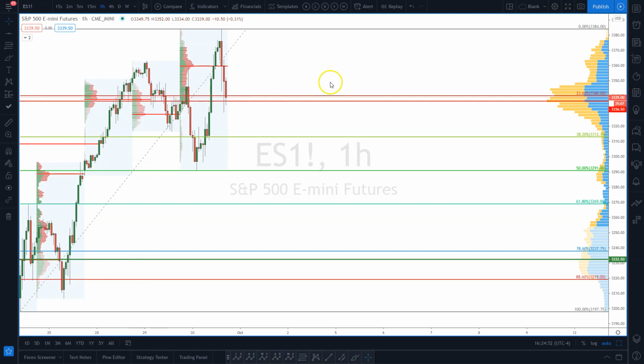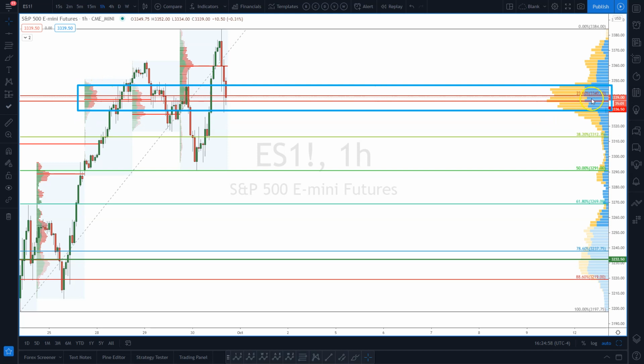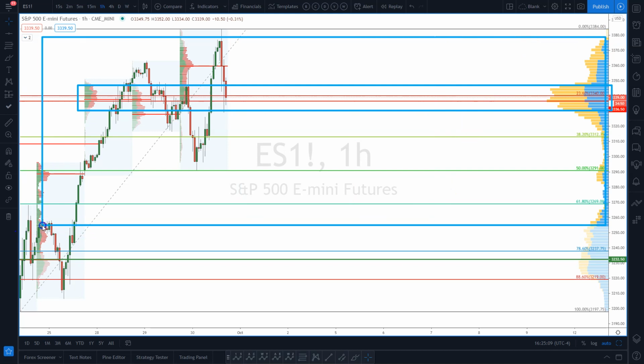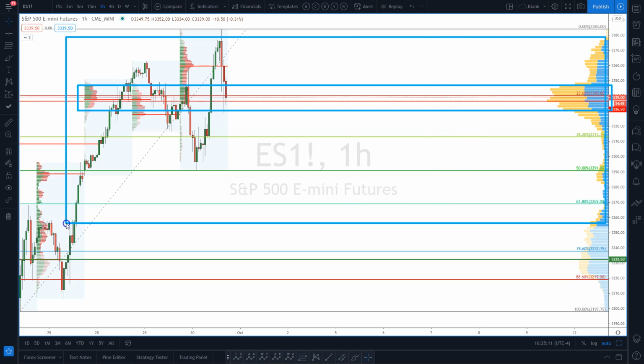So there we go. Here is the most traded volume. The fair price was here. This is the strongest point of volume, and from this high to this low is the 70%, one standard deviation of our wave one.